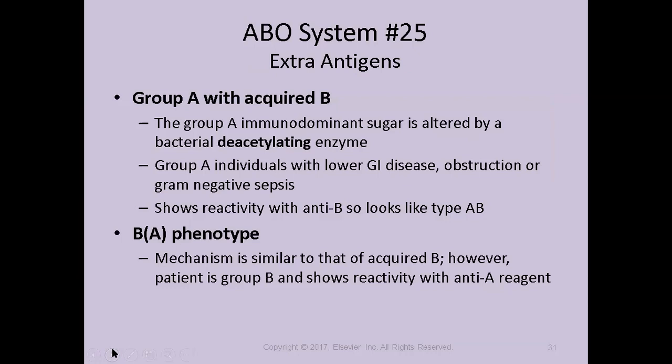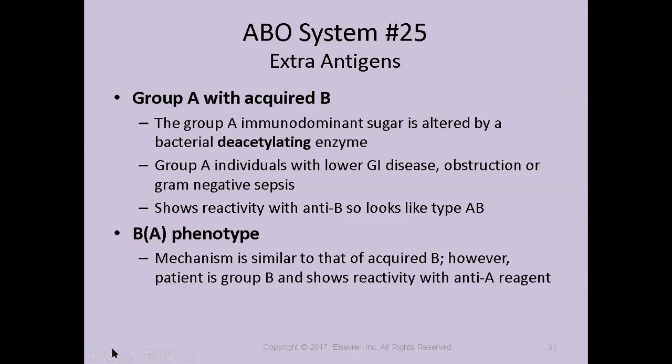So we're going to jump right in and talk about some of the more common ones. This slide has to do with extra antigens that we're picking up in our testing. We have to think, where are patient antigens detected in forward typing? These would be extra reactions in our forward typing. The first one is a person who is really group A with acquired B, okay?